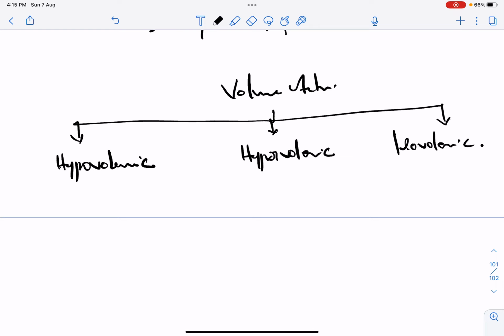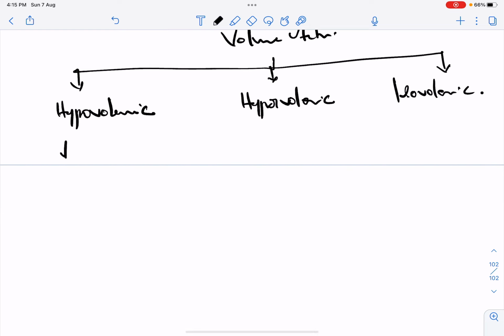In hypovolemic hypernatremia there is a decrease in total body water. Sodium is also decreasing, but the decrease in sodium is less than that of total body water, so there is a relative increase in sodium. It will lead to hypovolemic hypernatremia.